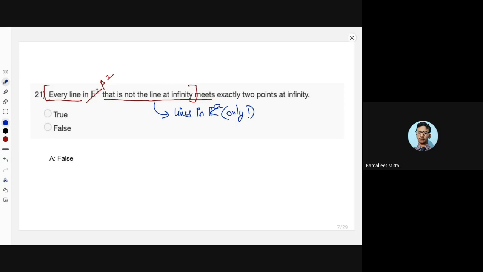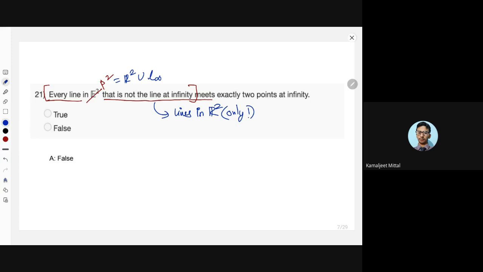Now we know that any two lines in R2 intersect at only a single point. It says every line in P2. I'm only taking one line, and that line is lying inside R2 because it's not the line at infinity. P2 is R2 union L infinity, and this line is not L infinity, that is given.